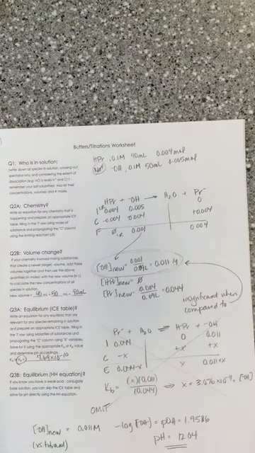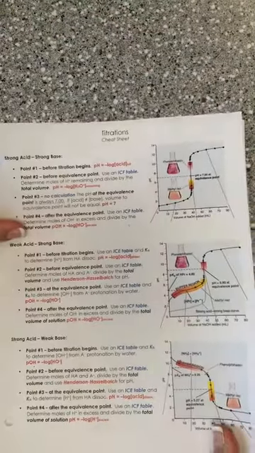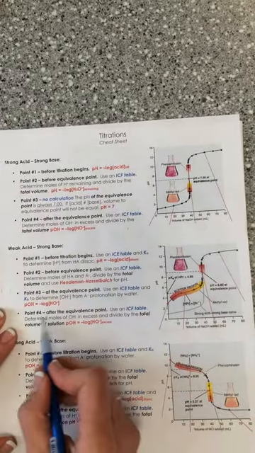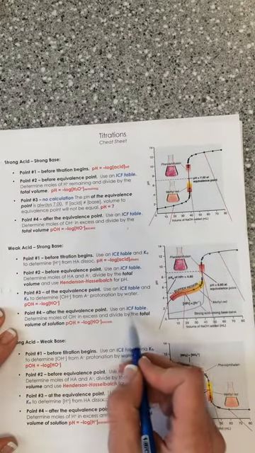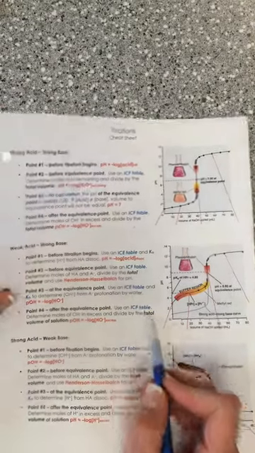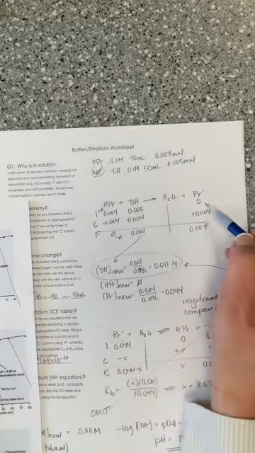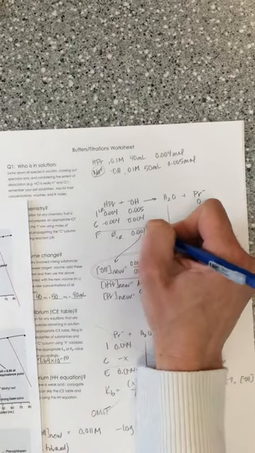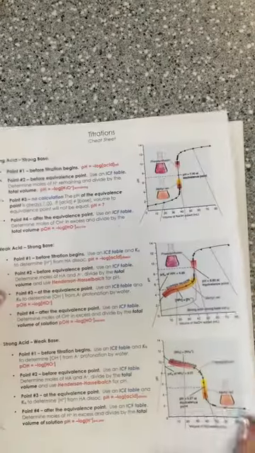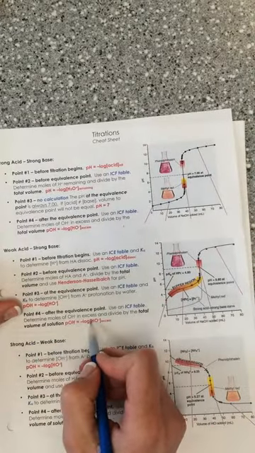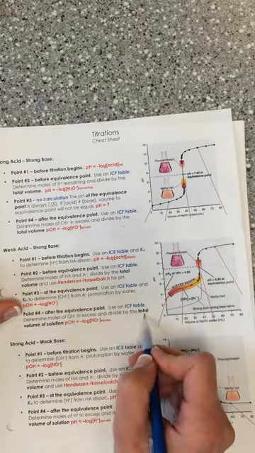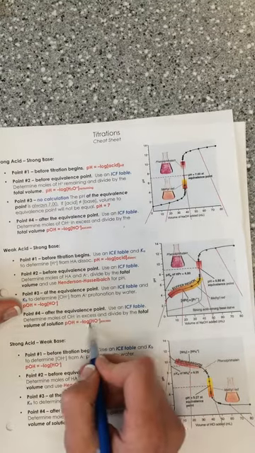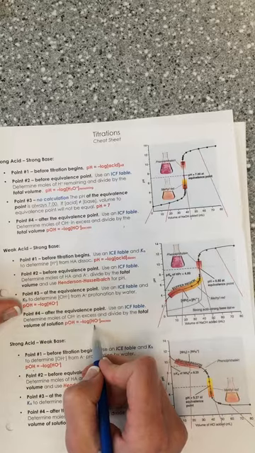So if we look at our cheat sheet again, after the equivalence point, we do need to use an ice table, right? Using an ice table allowed us to figure out the moles of OH minus that we have in excess. Once we figured out the number of moles of OH minus in excess, we needed to divide by the total volume of solution to get the concentration of OH minus in excess.